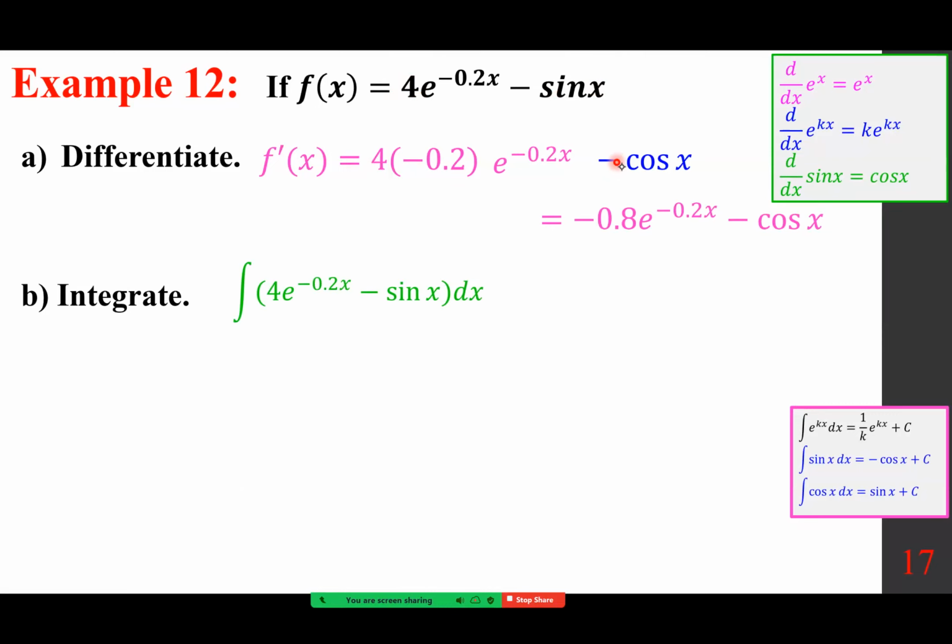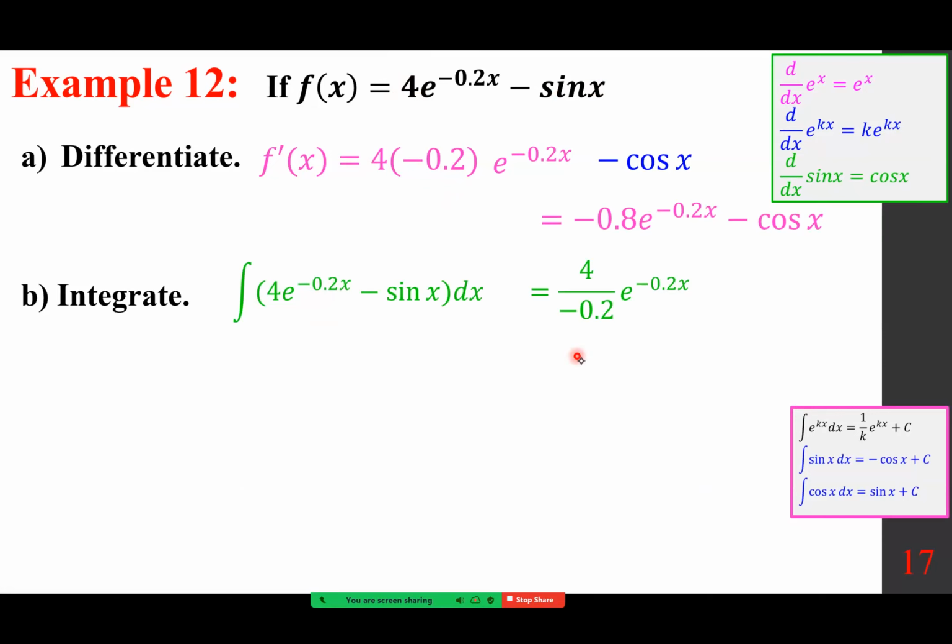So what happens now? Well, when we differentiate, we multiply by negative 0.2. When we integrate, we divide by negative 0.2. So 4 divided by negative 0.2, and the same thing, e to the power minus 0.2x.